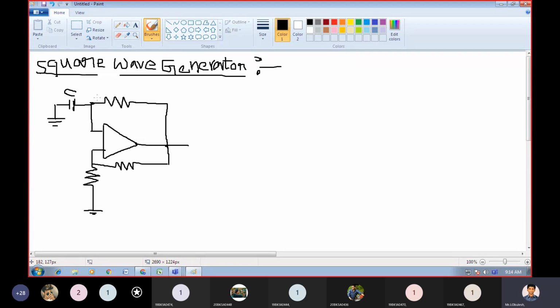The capacitor C, feedback resistor RF, negative, inverting, non-inverting. This is R1, R2.